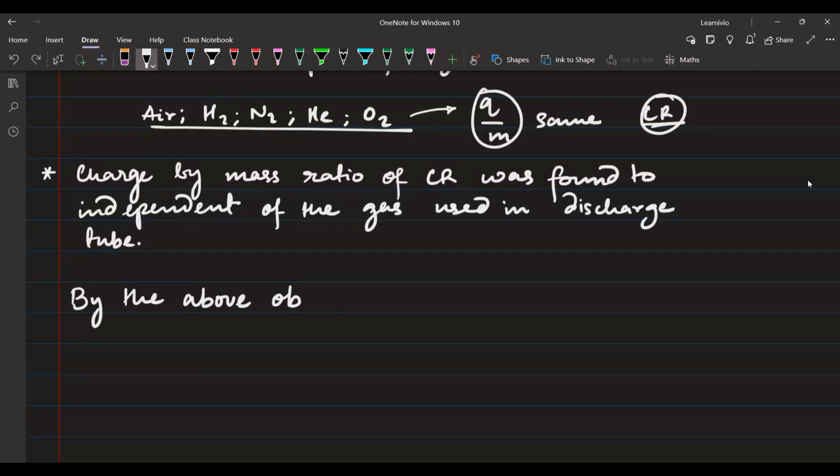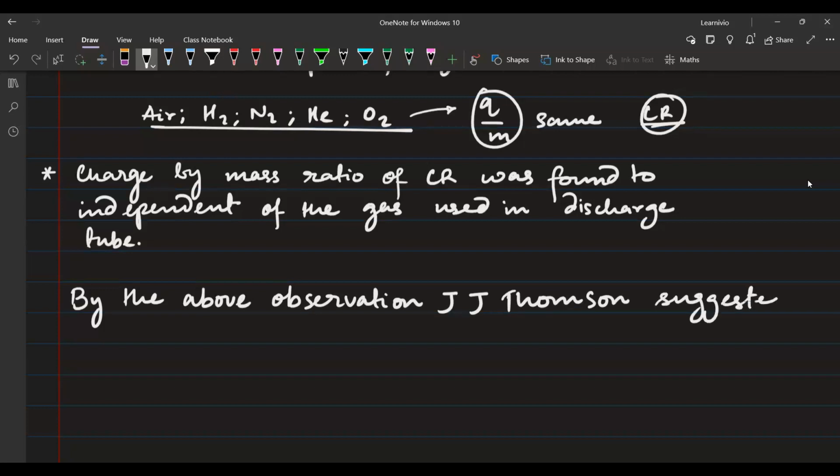By the above observation, J.J. Thomson suggested the following atomic model.